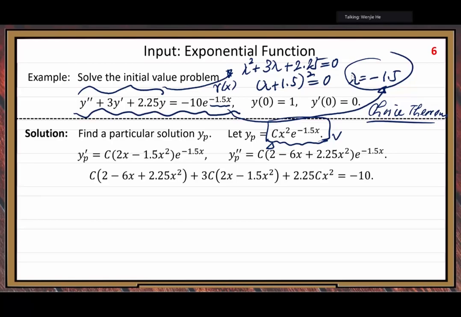Because your structure is right, based on that choice theorem, you can find a C satisfying this equation. If the structure is wrong, then you cannot get a reasonable solution. By comparing the coefficients, with some cancellation, C equals -5.